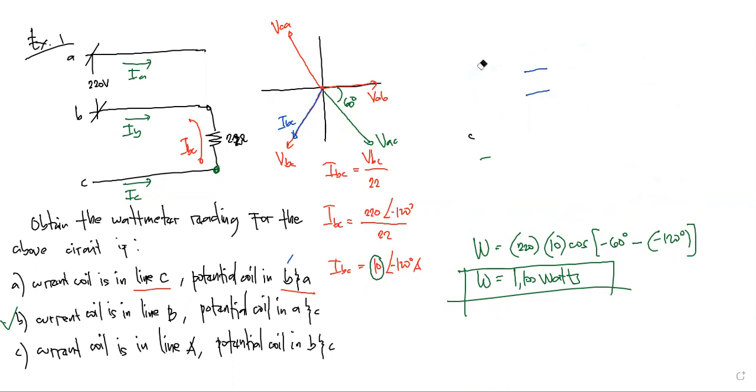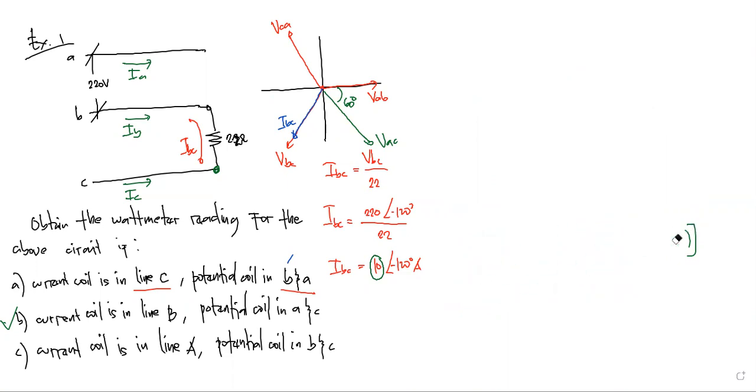While doing this, you try to guess: what would be the reading of the wattmeter when it is positioned as indicated in part C? Okay, have you had your guess? Anyway, let's try to calculate.